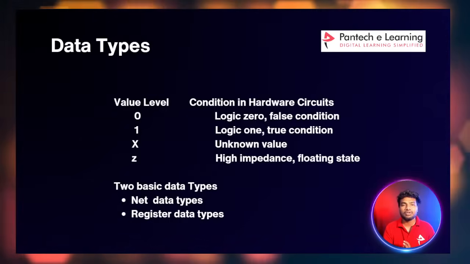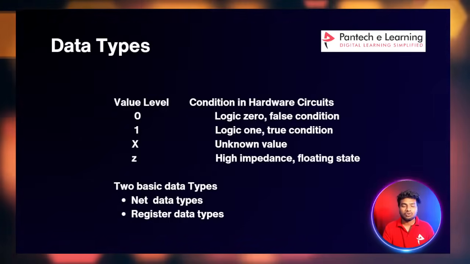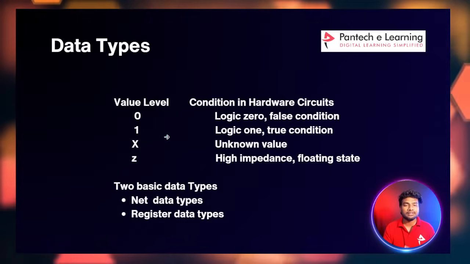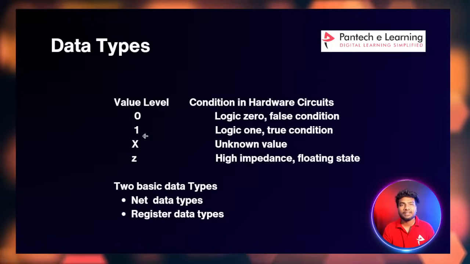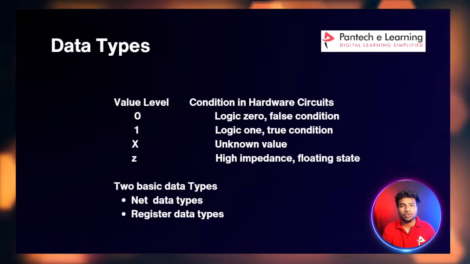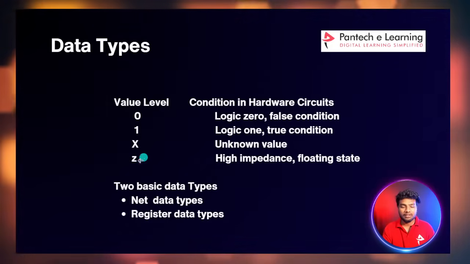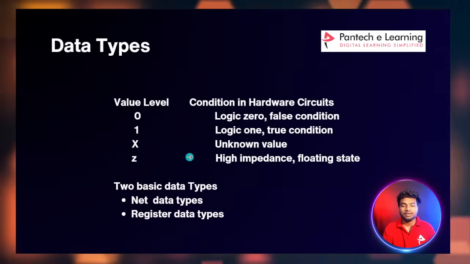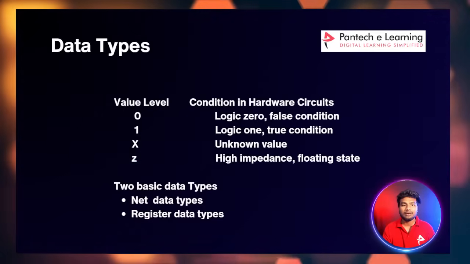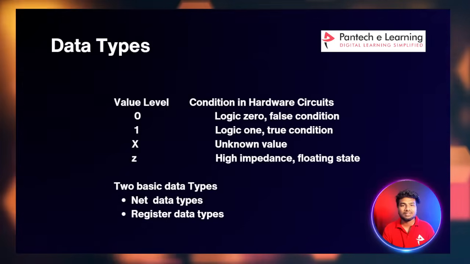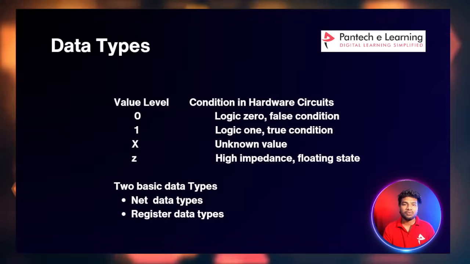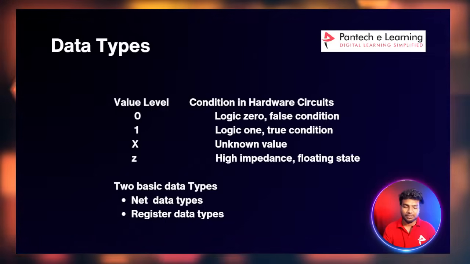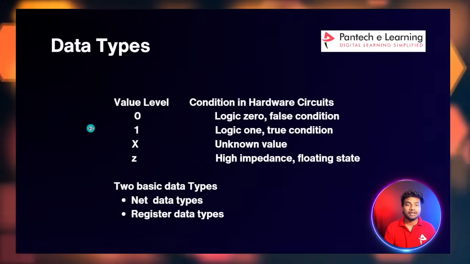It gives unknown values. X means unknown values: it may be 0 or it may be 1. But Z means high impedance, a floating state. That signal won't give a stable output, so it won't give 0 or 1. It will give floating outputs with high impedance. These are the states of data types.